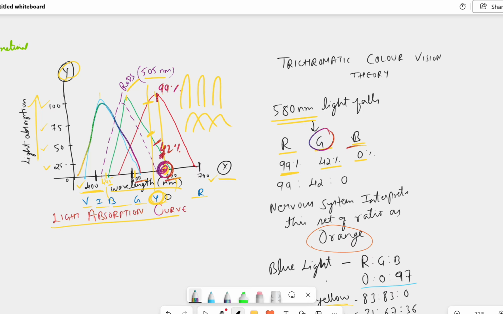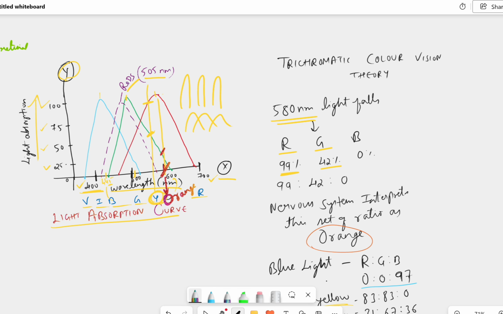Now your nervous system or the brain will interpret this set as a ratio of 99 to 42 to 0. So your brain will perceive it as orange color. Remember, at 580 nanometers we are seeing the color orange. How does the brain interpret this?